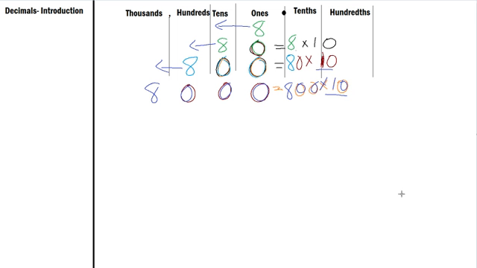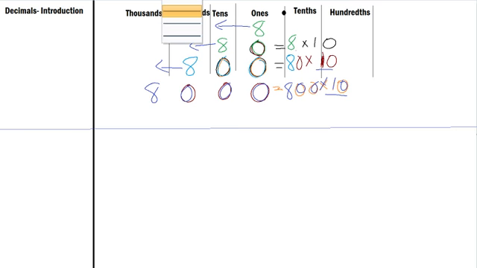Let's take 7,000, and I want to now move that 7 to the right.